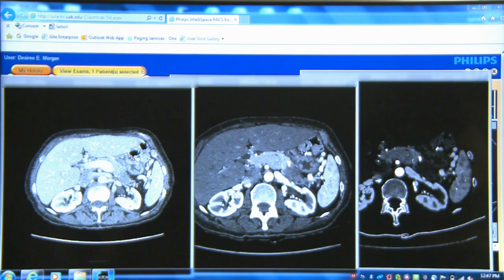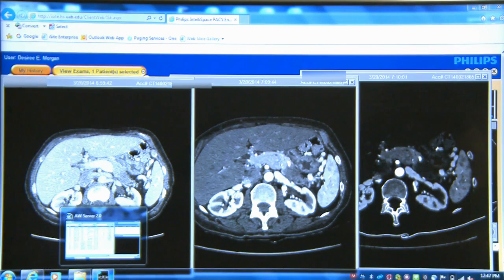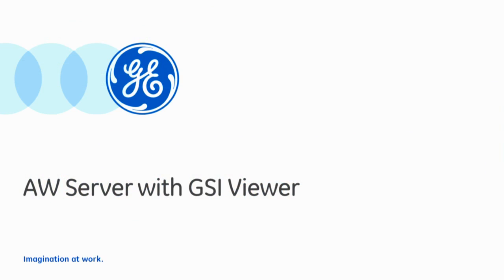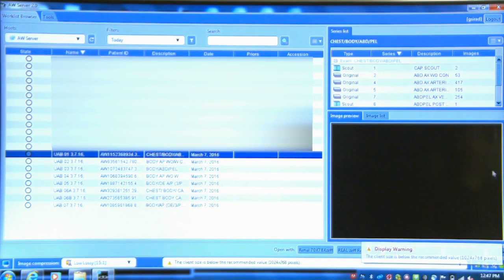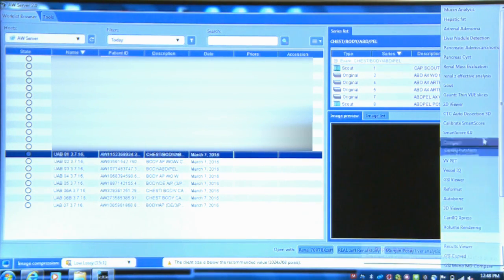So now I'm going to share with you what it looks like in the special post-processing world of the GSI viewer. So the same patient will be loaded, and again there are a myriad of potential protocols.